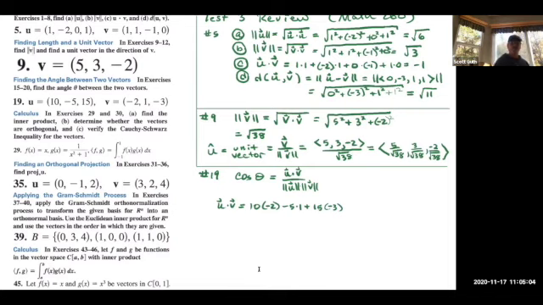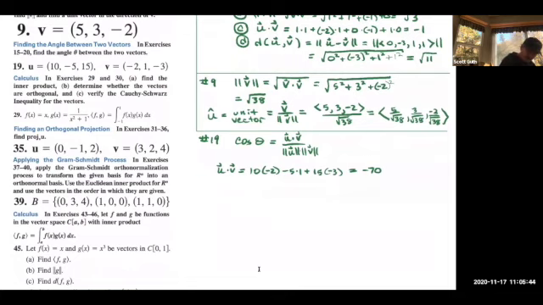That's -25 minus 45. I think I get -70. Let me double check this. Yeah, -70.